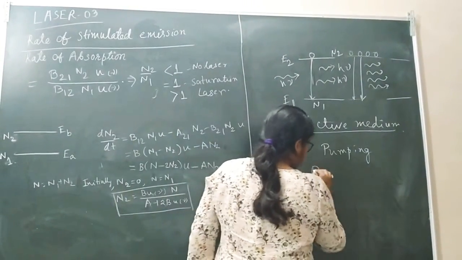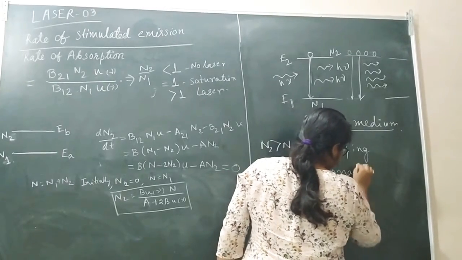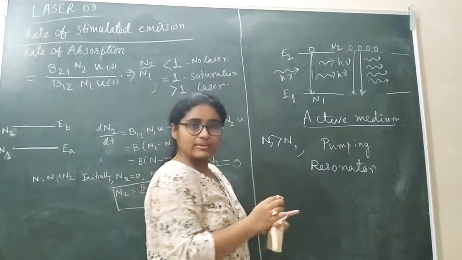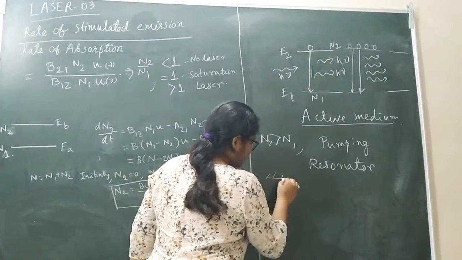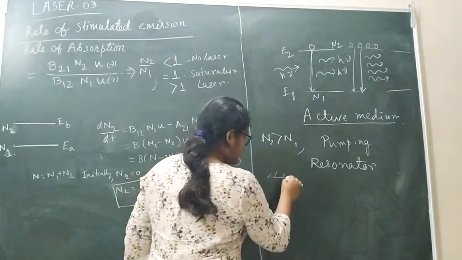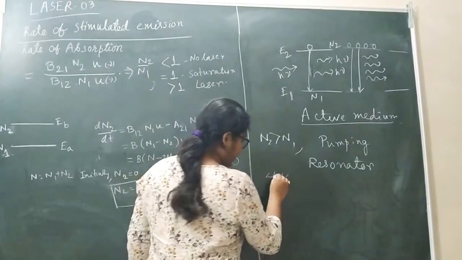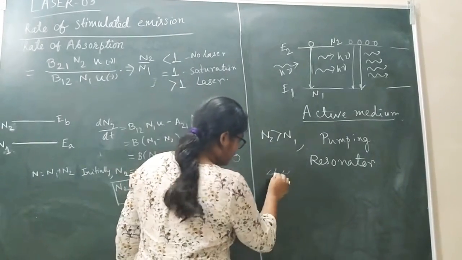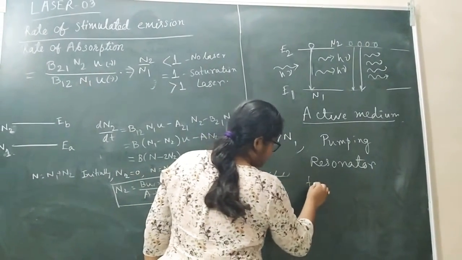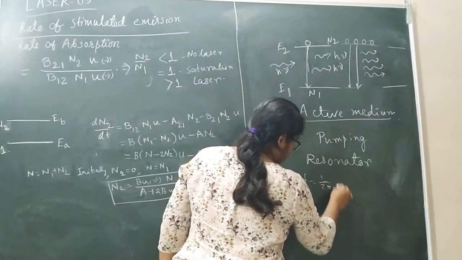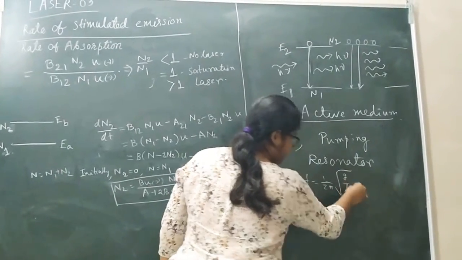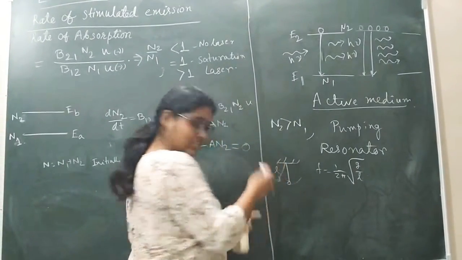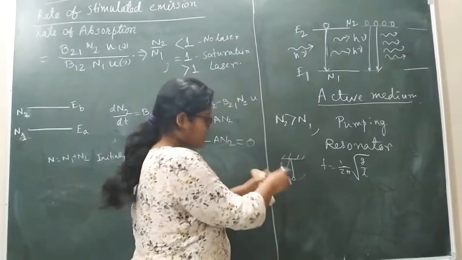And also we need a resonator. Why do we need a resonator? Because we need oscillation. Last time I also told you there is an analogy with a simple harmonic oscillator like a pendulum. It oscillates with a certain frequency, where for a pendulum of length L, the frequency is 1 by 2 pi into root over g by L. Now, whenever it is oscillating, naturally it has some damping due to losses.